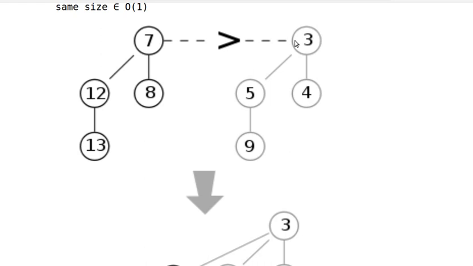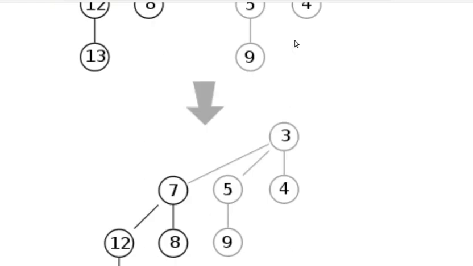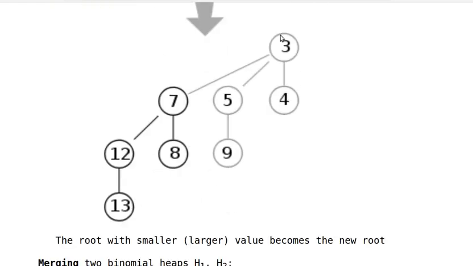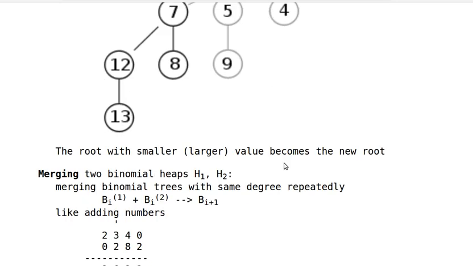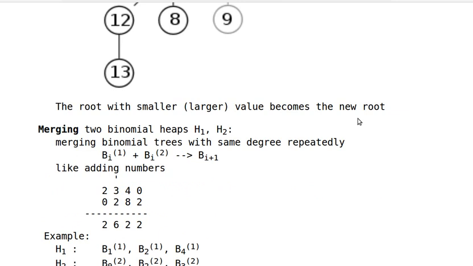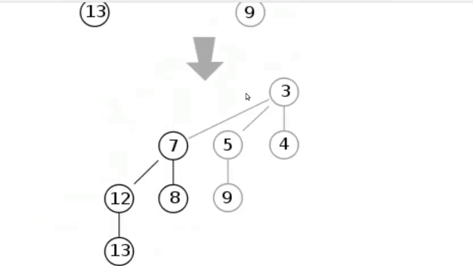So the smaller element will be the root, because we are considering min heaps. So that means it becomes like this. So you have this B2 merged together. Then now we have B3. So the root with a smaller value becomes the new root. That's how we merge two binomial trees.